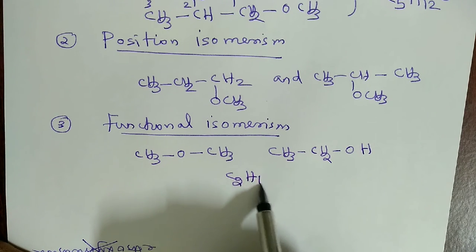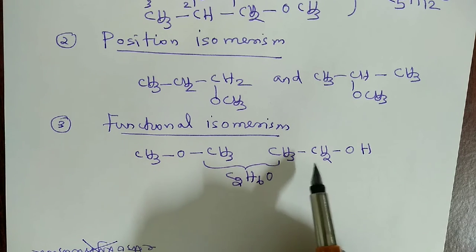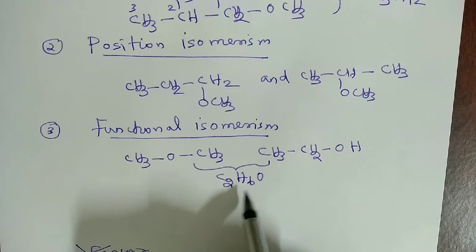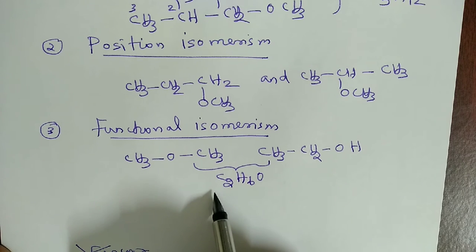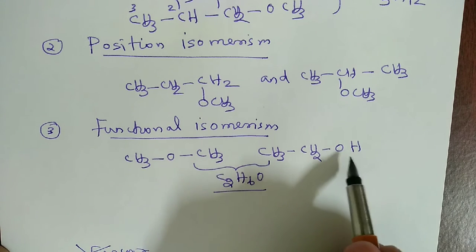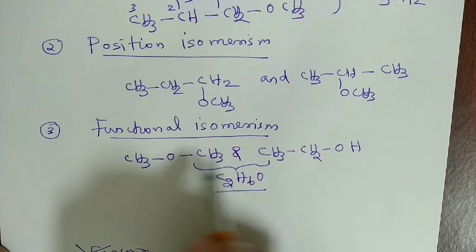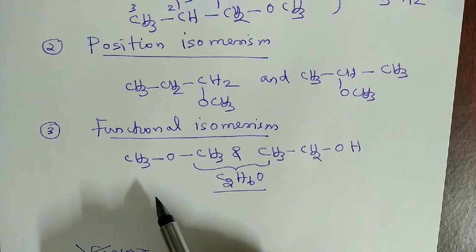For example, dimethyl ether and ethyl alcohol have same molecular formula C2H6O. One compound is an ether and other compound is an alcohol. So they are examples for functional isomers.